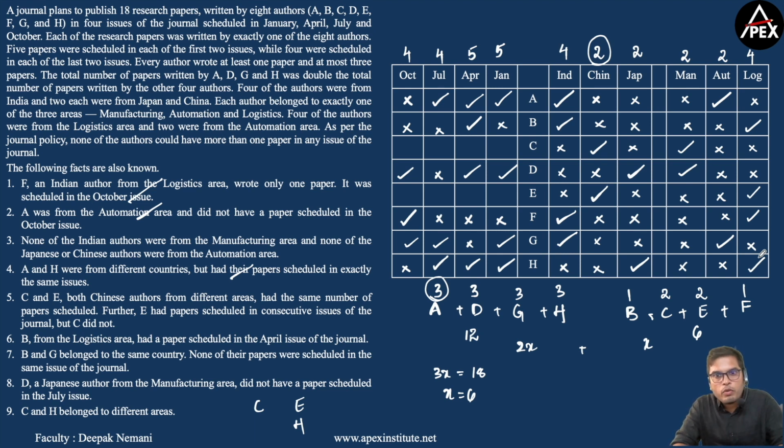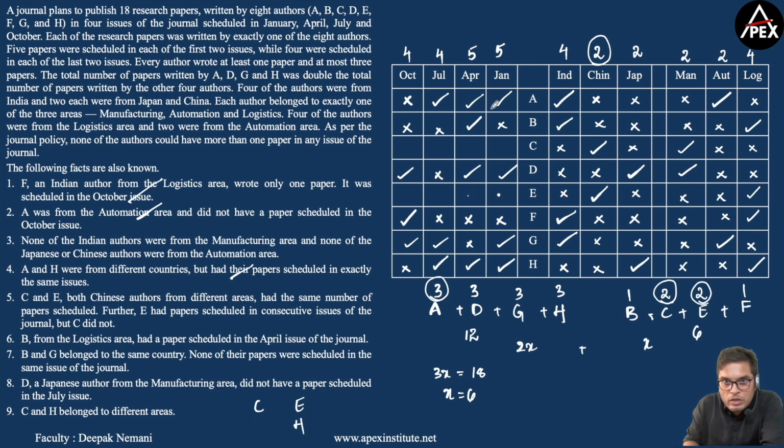So for that you need to find the months in which C's and E's papers were scheduled to publish. Now it is mentioned that E had paper scheduled in consecutive issues of the journal but C did not. Now we have C and E writing 2 research papers. Now the 2 research papers written by E should be published in 2 consecutive months. So let me consider them to be Jan and April.